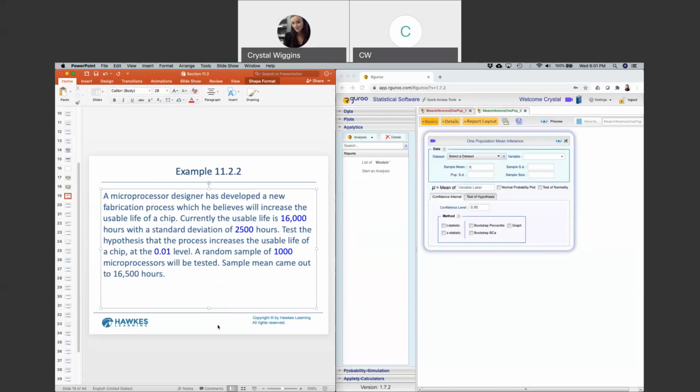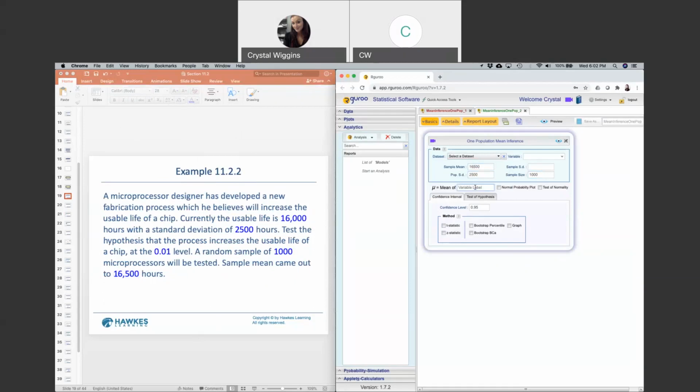Okay, we're going to make this up on the fly. Why not? So we have 16,500 hours as our X bar, our sample mean. So let's put our sample mean in here, which is 16,500. Our population standard deviation is 2,500. Our sample size is 1,000.